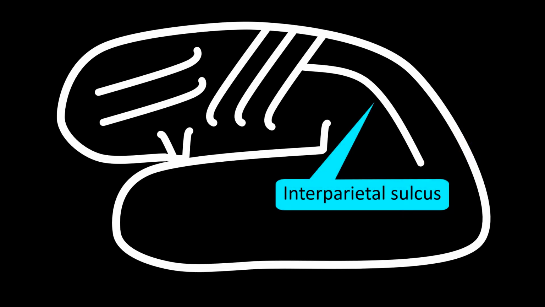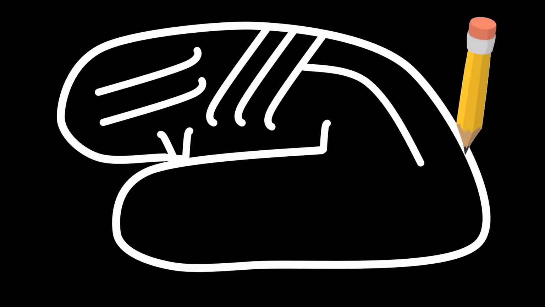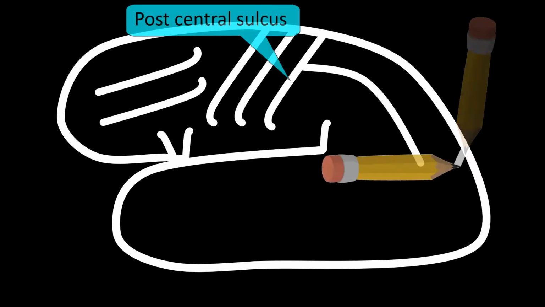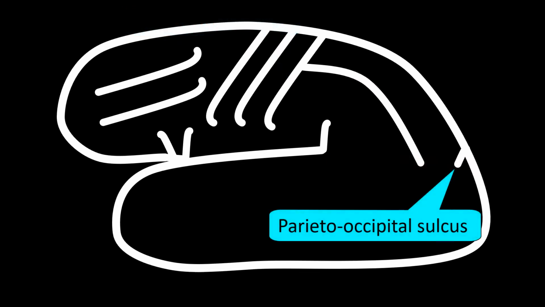This is the intraparietal sulcus. At the level of the end of the intraparietal sulcus, on the parietal edge, draw a short line perpendicular to the post-central sulcus. This is the little bit of the parietal occipital sulcus you can see on the lateral surface of the brain.